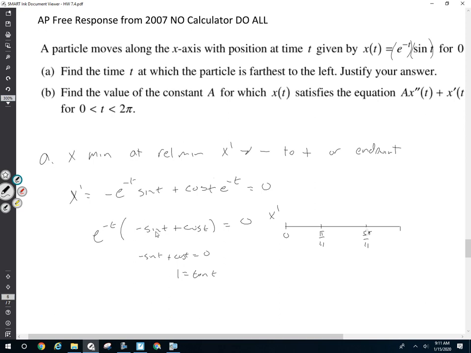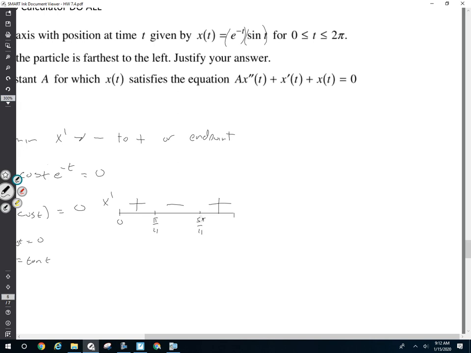So I plug in 0, I get 1. E to the anything is positive, so this is positive. If I plug in pi over 2, sine of pi over 2 is 1, so this becomes negative 1. So this is a negative. And I'm going to safely assume the last one is a positive.